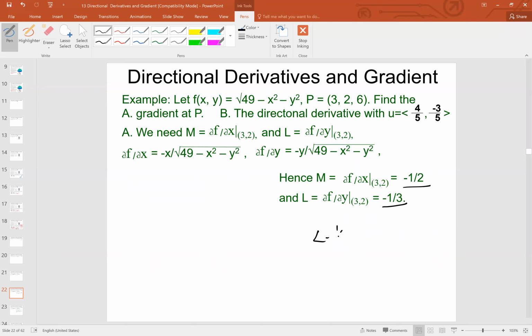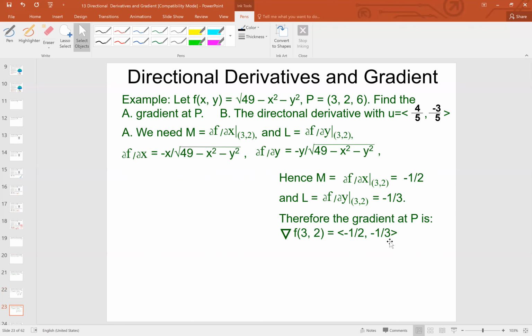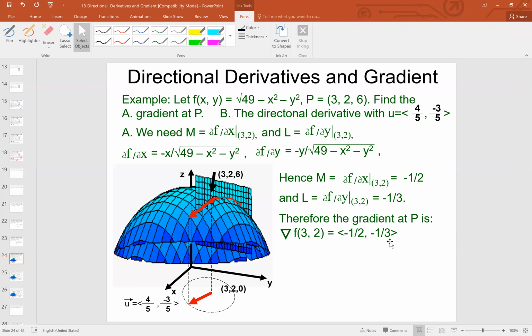So the gradient is (-1/2, -1/3), and that's a very useful vector. So here's the picture. We calculate the gradient at that point. If I put the x, y axes over here, this is the x, y shape.